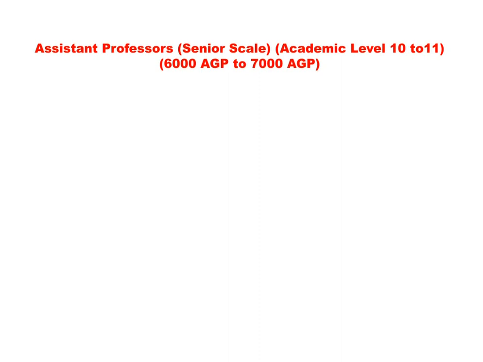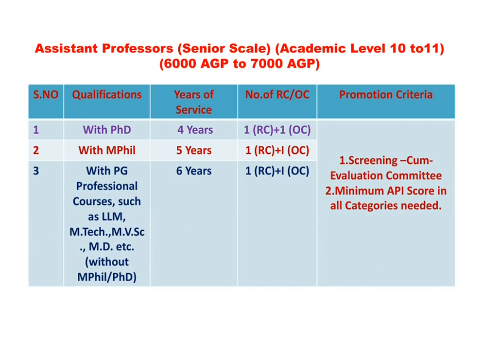Those who joined with PhD, or without PhD, or with only NET/SET with post graduation, need to fulfill these criteria. Number one, those who joined with PhD have to complete 4 years of service, and they have to complete one RC and one OC.